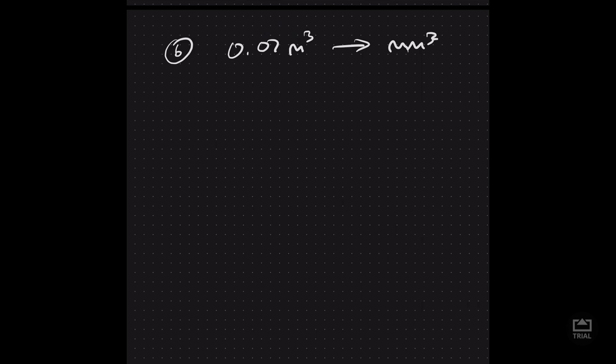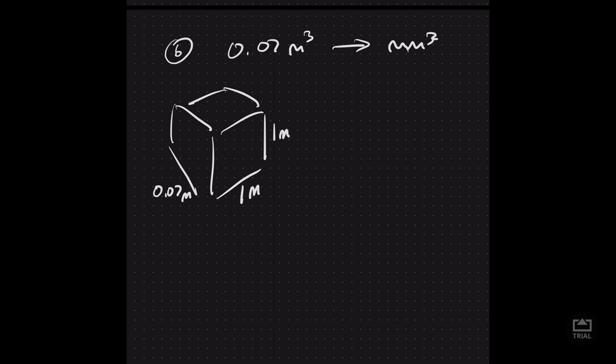So just to show you how this works again, if I was to take a cube right here and I want to represent the size of this cube with the numbers that I have up top, remember I'm just going to make one of them into the meters, 0.07 meters. That'd be my length, and my width would just be 1 meter, and my height would be 1 meter. That way when I go 0.07 times 1 times 1, that is going to equal what I started out with there.